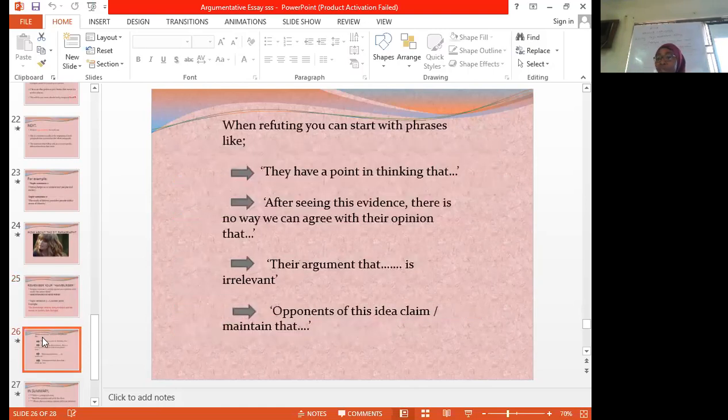After seeing this evidence, there's no way we can agree with their opinion that the knowledge history has provided has changed. The argument that the knowledge of history, and so on. So you might want to introduce your counterpoint using all these approaches.